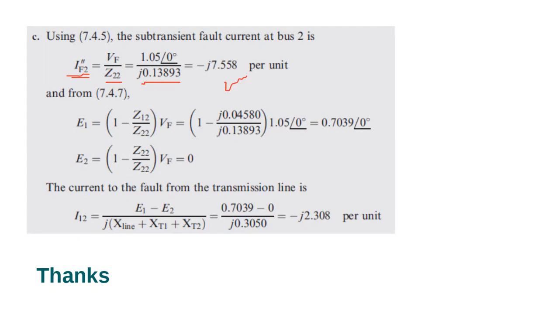Then E2 straightforwardly will be 0, because the fault happens at bus number 2. And then you will use this formula here. E1 will then be 0.7. And this is the way to check also your answer. It's lower than 1, so the voltage drops at the bus.